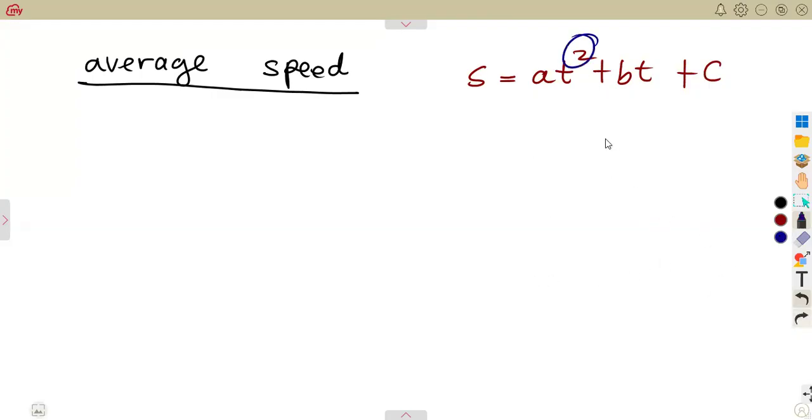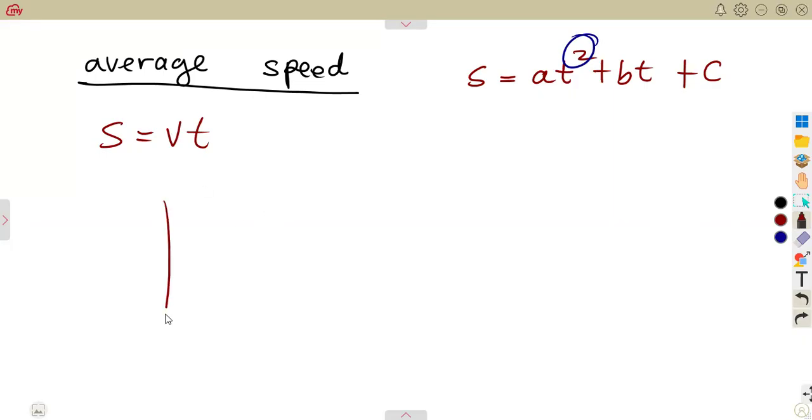Whenever you talk of this, it can be given from a parabola. It can be given from a linear function, depending, like I said before, if you are given a linear function of the sort s is equal to vt, where v is the velocity representing the speed.